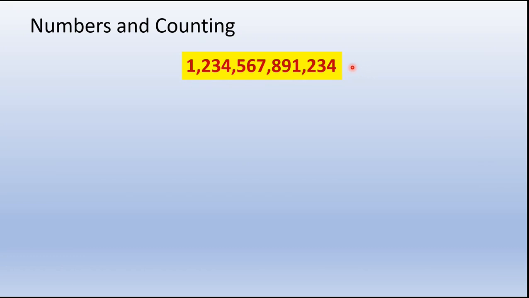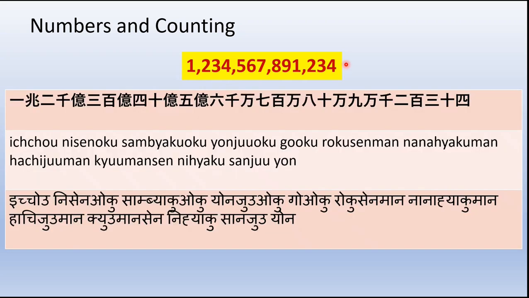This is a very big number, and we shall try to write this number in words according to the Japanese numeral system. And we shall write it in kanji form. So this is how it will be written, and we shall see step by step how it is done.